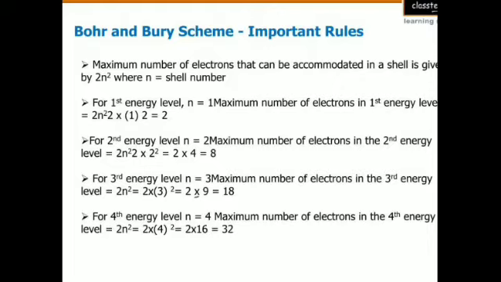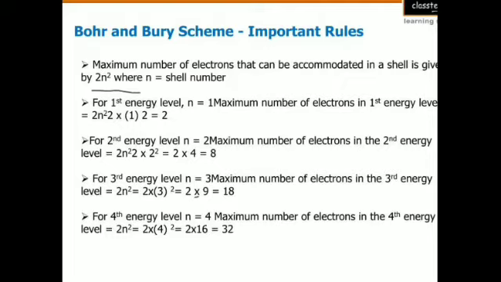So for example, for the first energy level, the rule or the formula that we take up for calculating the number of electrons that can be present in a shell is 2n square, where n is the shell number.